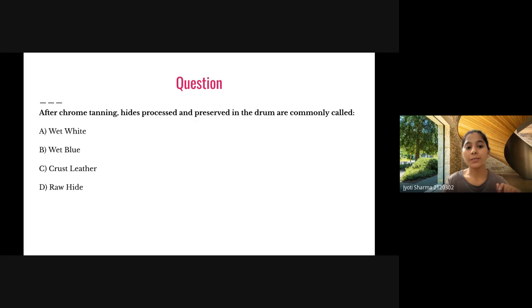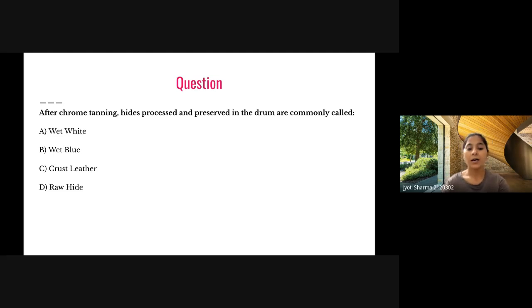Okay, another process is chrome tanning. After chrome tanning, hide processed and preserved in the drum is commonly called: wet white, wet blue, crushed leather, or rawhide. Diya and Venkateshwara both gave me B answer.